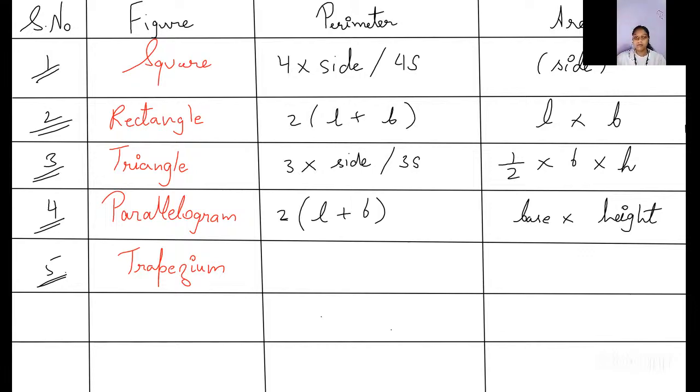Perimeter of trapezium. We take a sum of all the sides. Sum of all sides you can write. Now, what is the area of a trapezium?